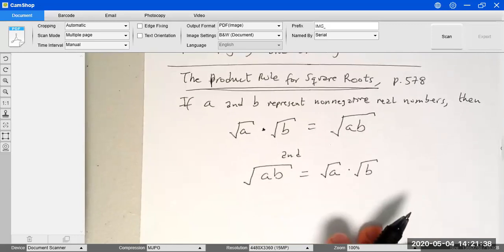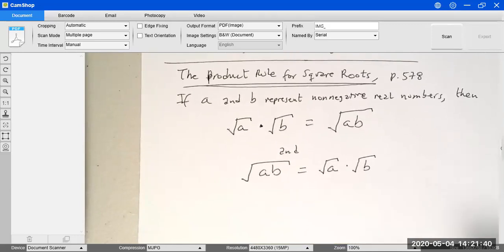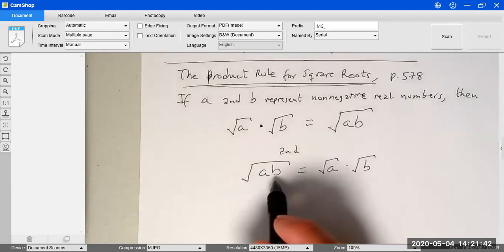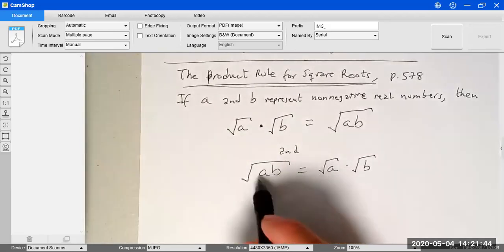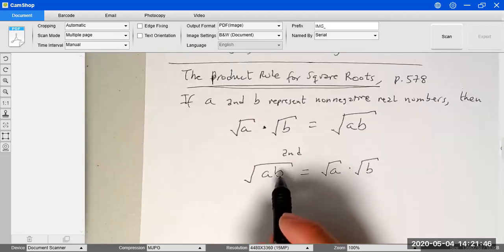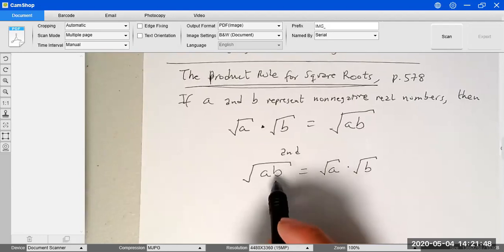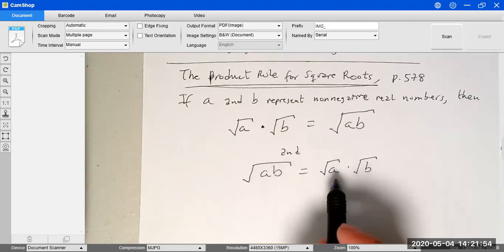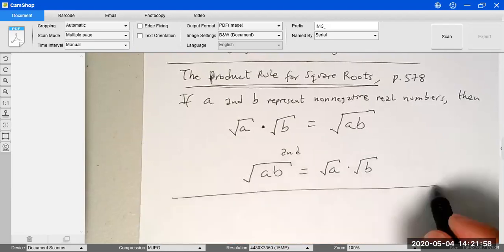Other times, what we're gonna do is the opposite. So you have a quantity and you factor that quantity. So factoring, remember, is just getting factors. And then you can break the radical into radicals, and then you get the product of those two radicals. So this is going to be very important.